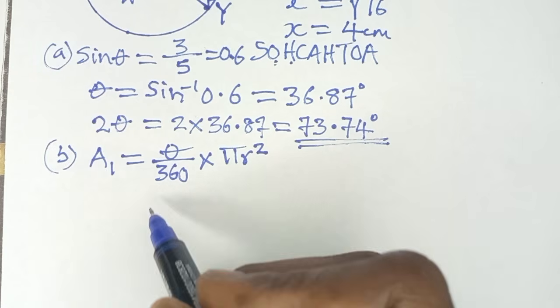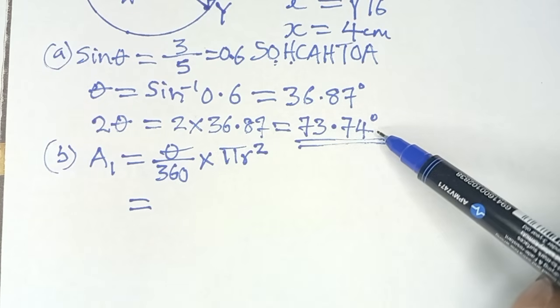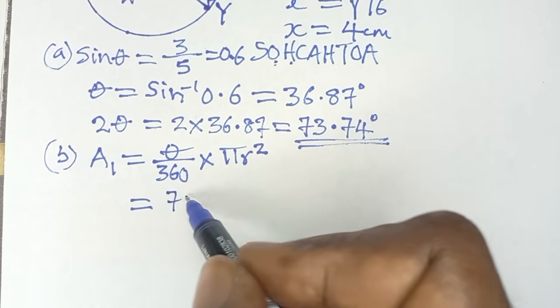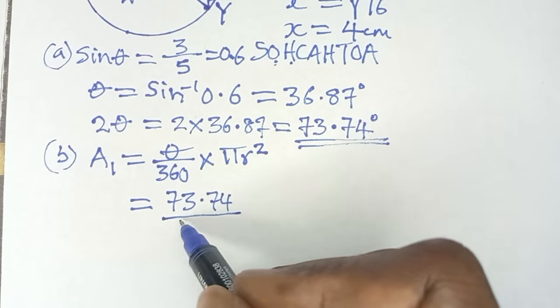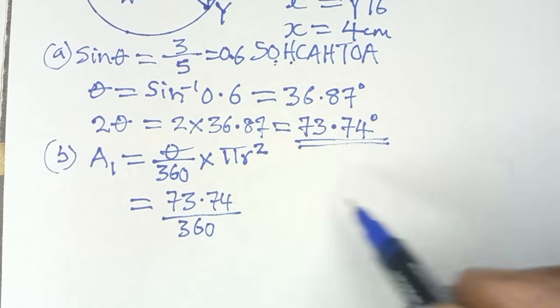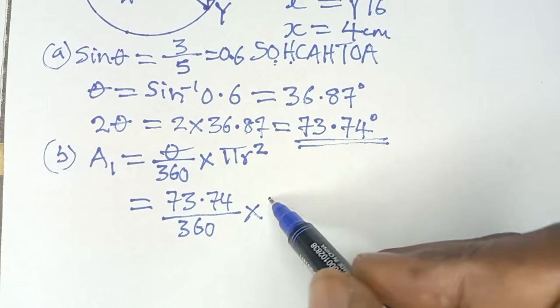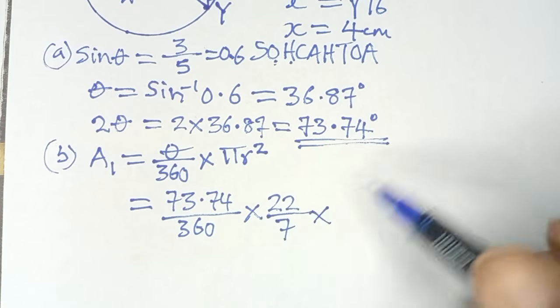So we are now going to substitute values. Our theta is 73.74, that is the angle at the center. So that is 73.74 all over 360, and then multiply by the value of pi, which is 22 over 7 as given to us in the question. And then times the radius.